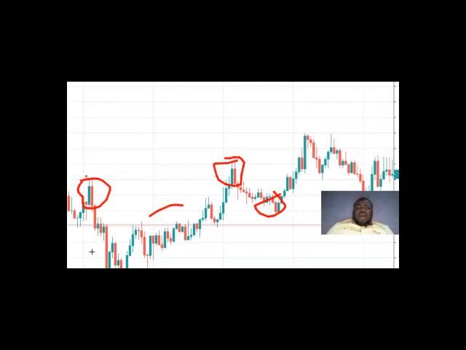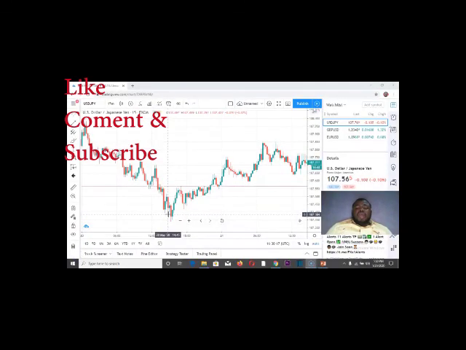But if you know that this zone is a possible area for reversal, and then you see the reversal candle build up, and then you have some indicators that also help in giving you those confirmations, when all of these things align, it increases your odds and your chances for success. So friends, that's it. We've seen how to spot these reversal candles when we trade, and how all of these will be to our advantage.